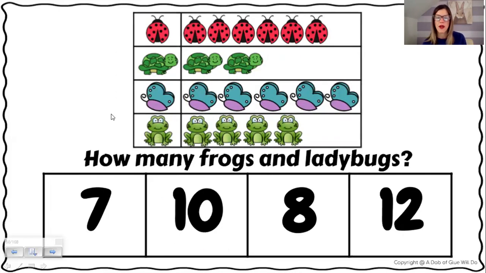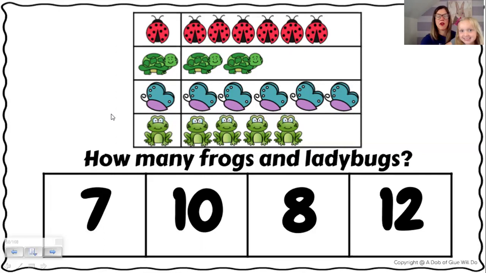We're going to do one more. How many frogs and ladybugs are there? All right, so go to the frogs first. Got 1, 2, 3, 4. Okay, but you're not finished counting because it says frogs and ladybugs. So what comes after 4? 5. Okay, so let's go up to the first ladybug.